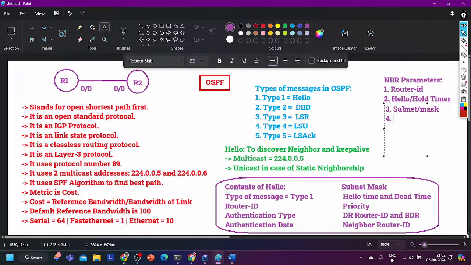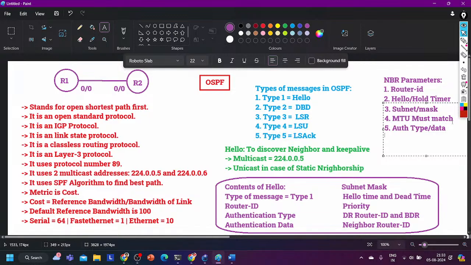Fourth, MTU must match. You can ignore the MTU, but for that you have to run one additional command. By default, MTU is a part of OSPF neighborship, so MTU must match. The fifth one is authentication type and authentication data, which must match.